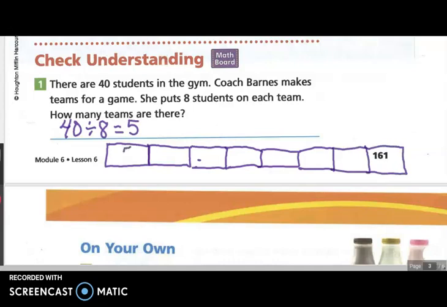We already figured it out. 8 squares, so that when we count by 5, 5, 10, 15, 20, 25, 30, 35, 40, we end up back at our dividend. What does 5 represent? What's our label? Teams. Very good. Okay, continue on the back on your own.